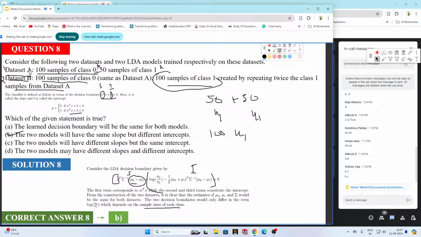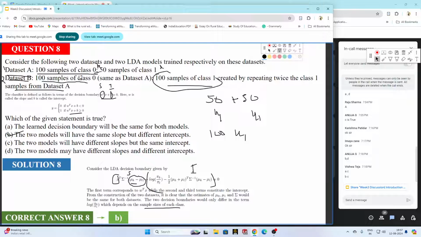So what is happening in dataset A? In dataset A, we have 100 samples of class 0 and 50 samples of class 1. But in dataset 2 we have 100 samples of class 0 and 100 samples of class 1.